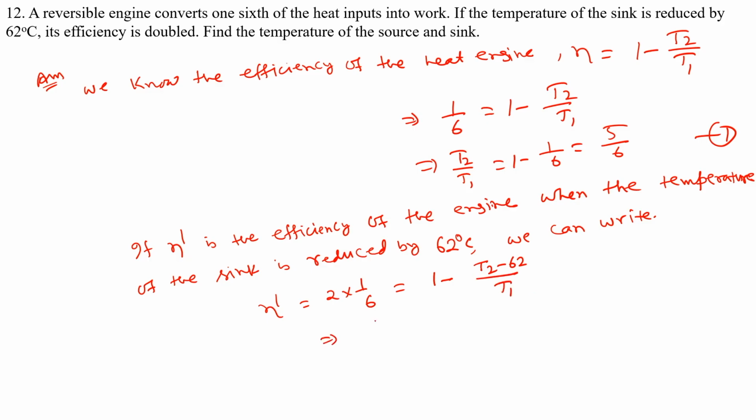So, we get (T2 minus 62) by T1 is 1 minus 1 by 3, so we get 2 by 3. This is equation 2. Okay.